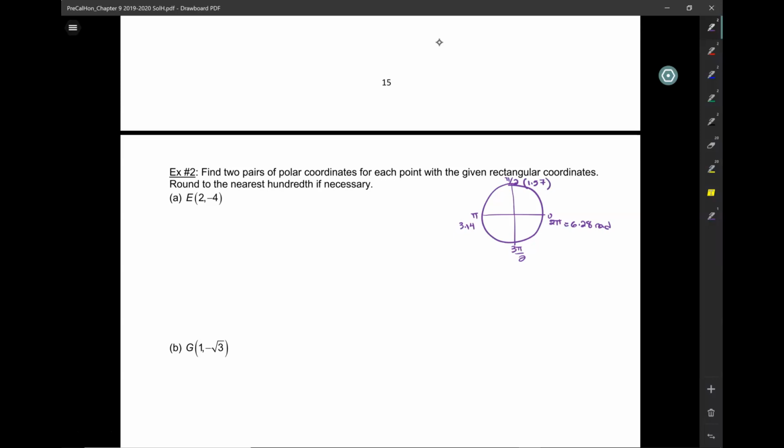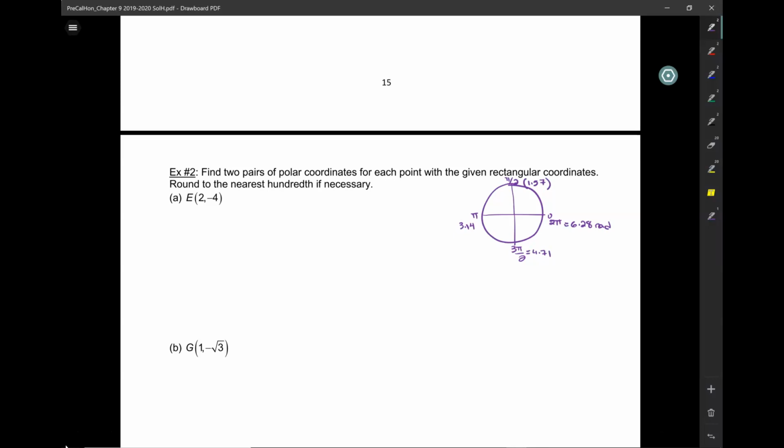And then what's 3 pi over 2? Well, that's just 1.5 times 3.14, and that is 4.71.